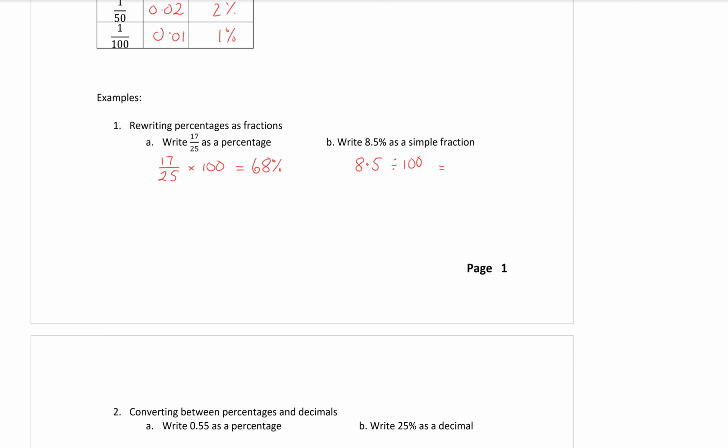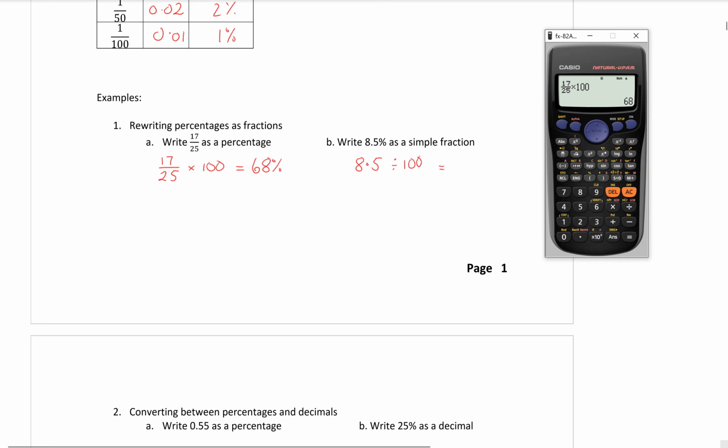Make sure the calculator gives you a fraction answer. If I go divide 100, will it give me a fraction or a decimal? It gave me a decimal. So what should I do? Press that SD button because we want it to be a fraction. So it's 17/200.